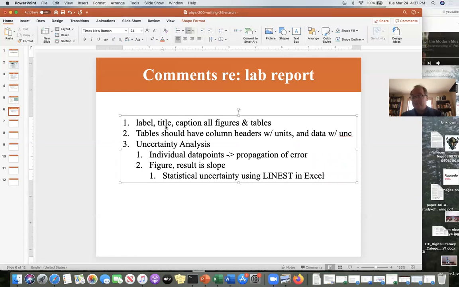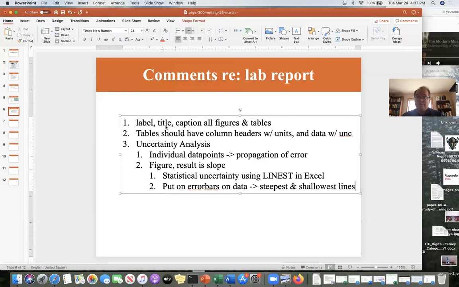And LinEst is not terribly easy to use, but notice this will only give you a statistical uncertainty. Just as important, put on error bars on your data and ask, what are the steepest and shallowest lines that work for your data? Your steepest line and your shallowest line then should give you a range of values that are themselves an uncertainty.